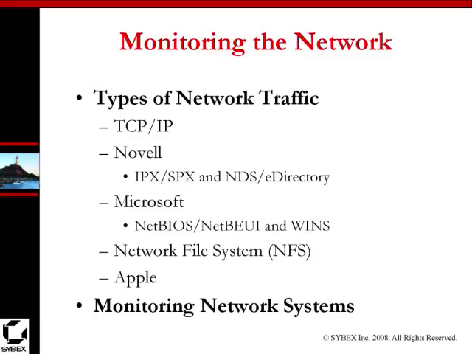There are a few more protocols that they discuss in this section, and one of them is WINS, the Windows Internet Naming Service. You can consider this kind of a precursor to DNS. What it did was it would take the host name, the NetBIOS name, and associate that with an IP address.